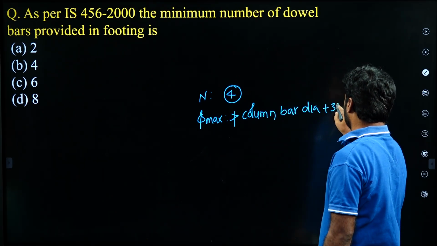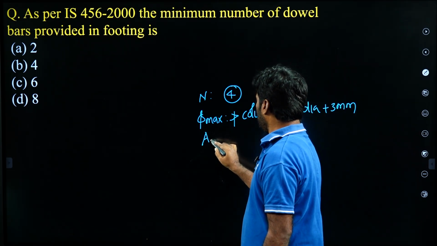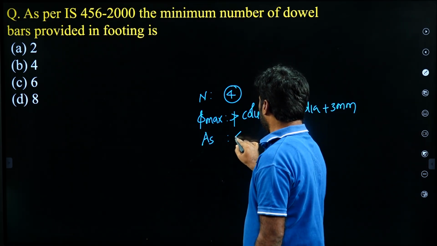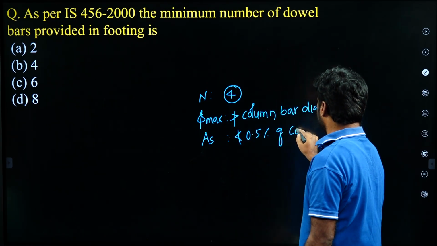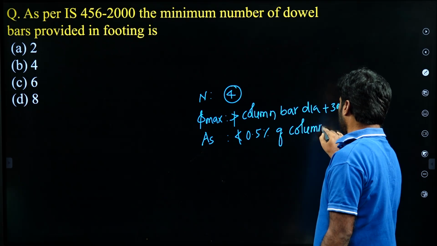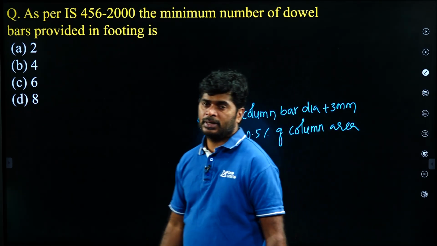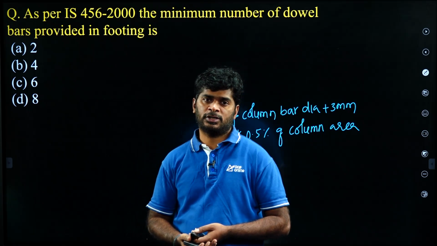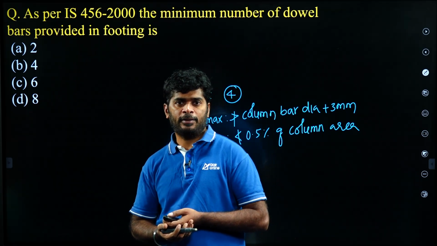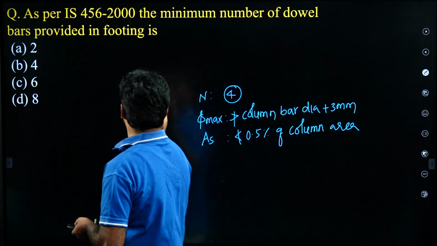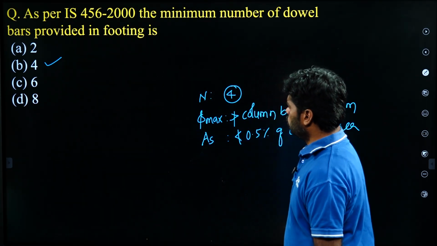Minimum area of dowel bars not less than 0.5% of column area. The function of dowel bars is transferring column load to the footing safely. Okay, for this question they are asking only 4. Next question.